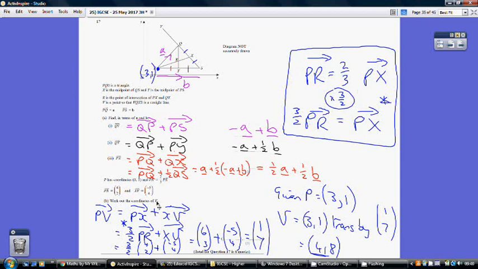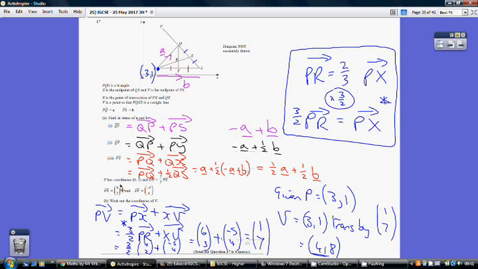So I need to work out the coordinates of V, so to start with, I'm going to work out the vector to get me from P to V. So that's going to be PX and XV. And I've just said that PX is 1.5 lots of PR, so that's 1.5 lots of PR plus XV.